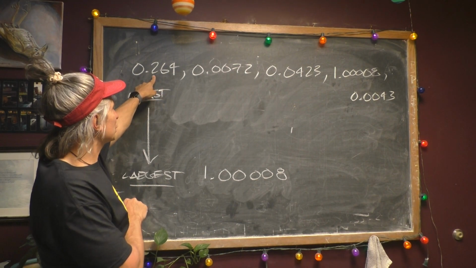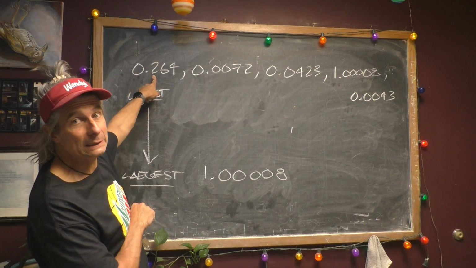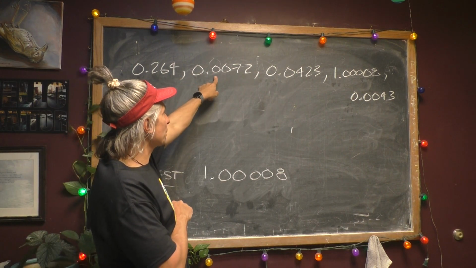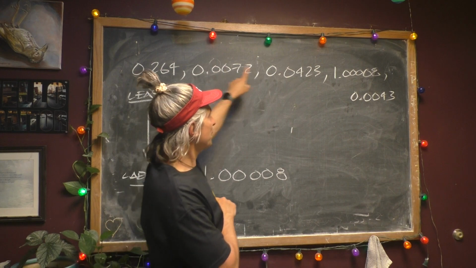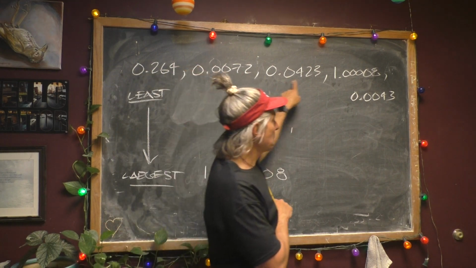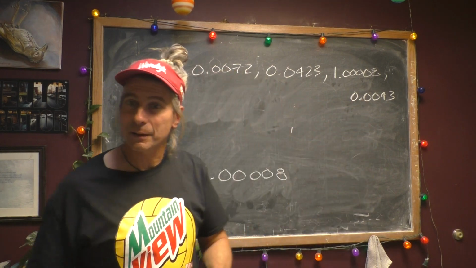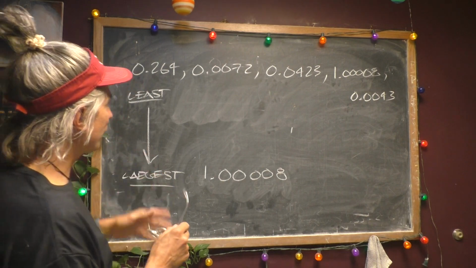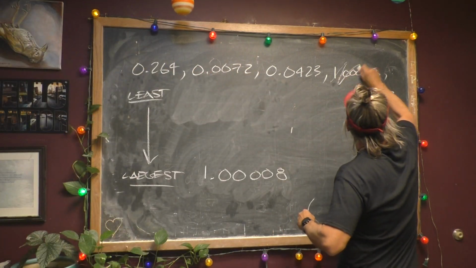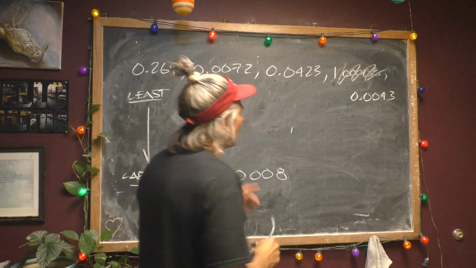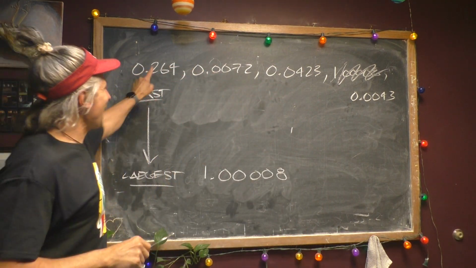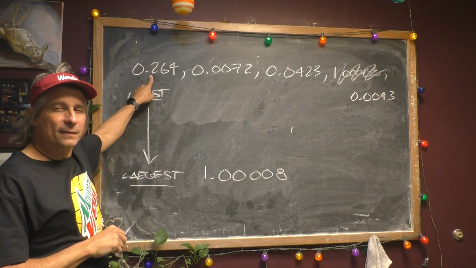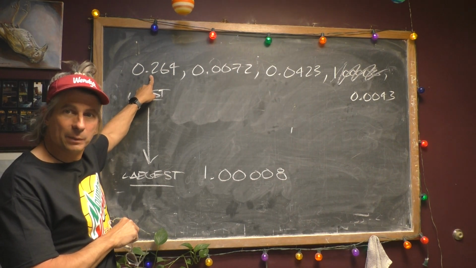So this one has a 2 in the tenths place. This one has a 0. This one has a 0. And that one has a 0. So of the 4 that remain, and I'm going to cross this one off because we've already got it down here, that one has something besides 0 in the tenths place.